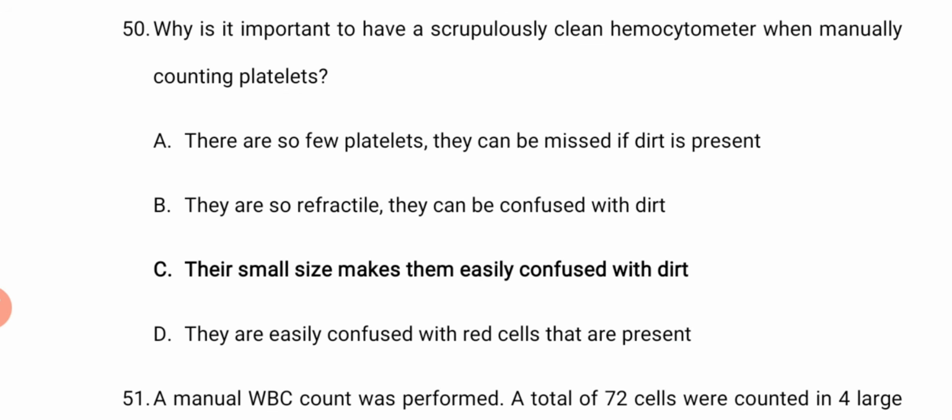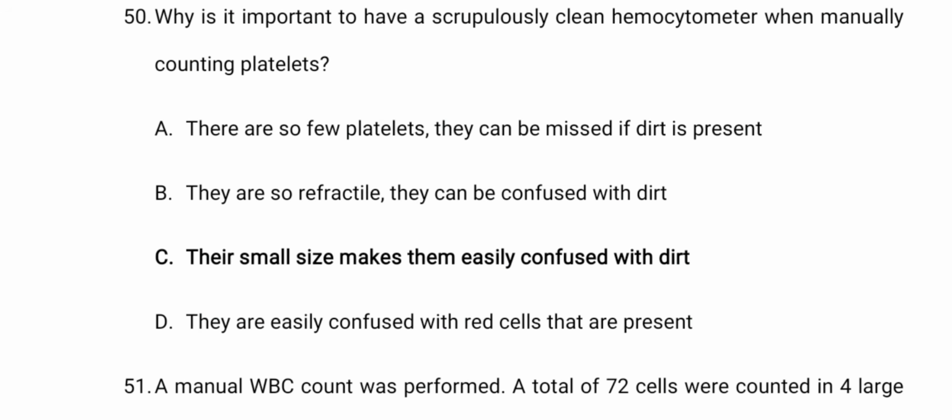Number 50 says, why is it important to have a scrupulously clean hemocytometer when manually counting platelets? Because if there is any debris or artifact on the hemocytometer, it may be wrongly counted as a platelet. If there is some dot or impurities on the hemocytometer, we may wrongly count it as a platelet.